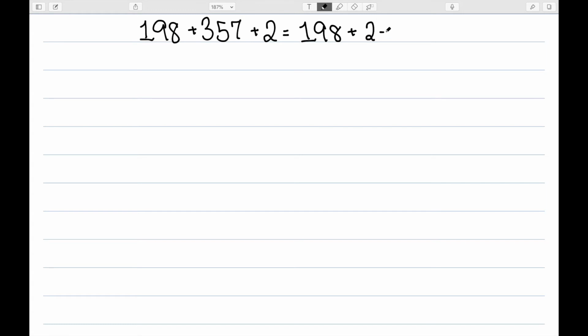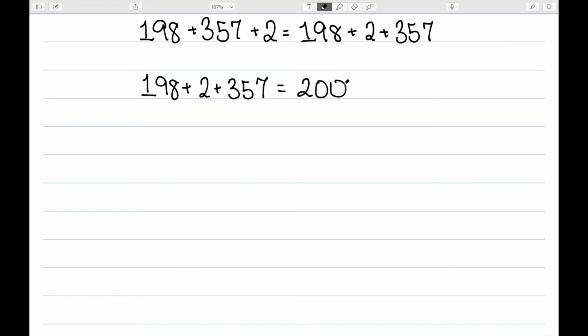Make this 198 plus 2 plus 357. We then start with that statement and think how we can change it. Well, we know 198 plus 2 is 200 plus 357. We then have 200 plus 357 is equal to 557.